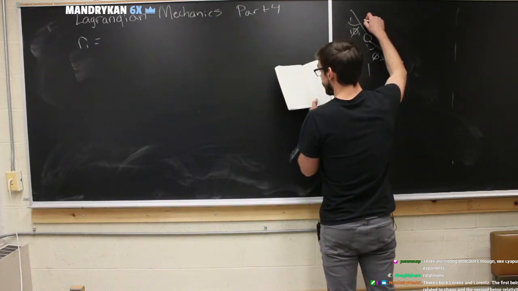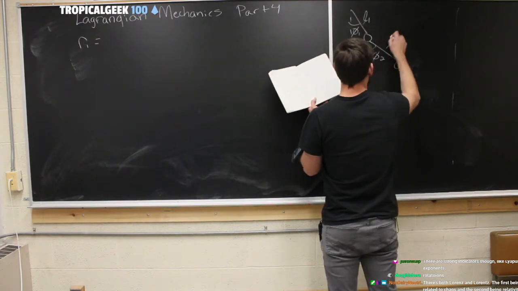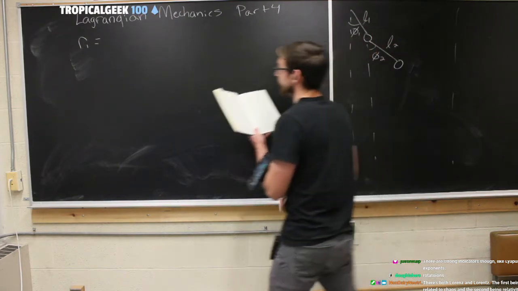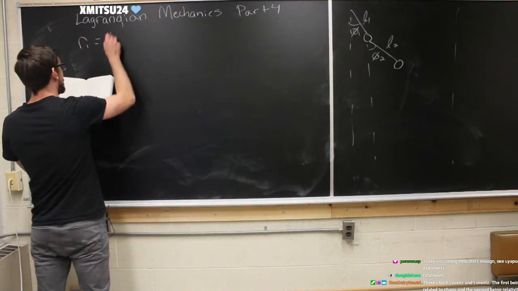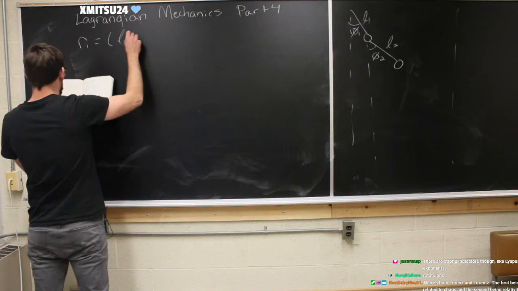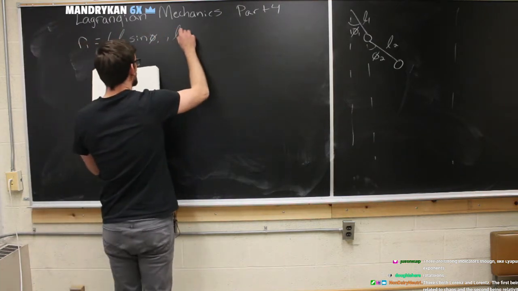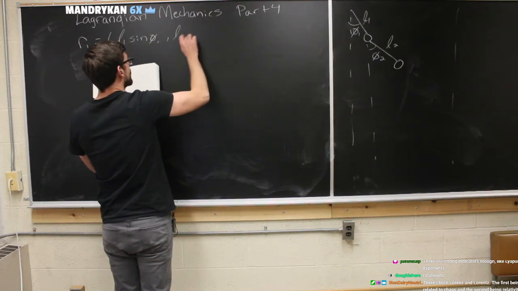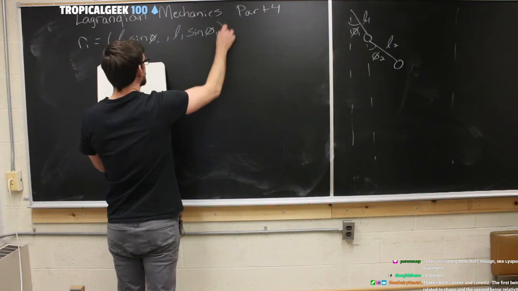We could even talk about L1 and L2, the length of one string or rod, whatever you're doing, versus the length of the other string. And then we can say that R1 has coordinates L1 sine of phi 1 and L1 cosine of phi 1, excuse me.